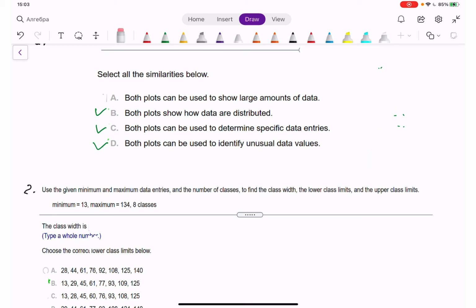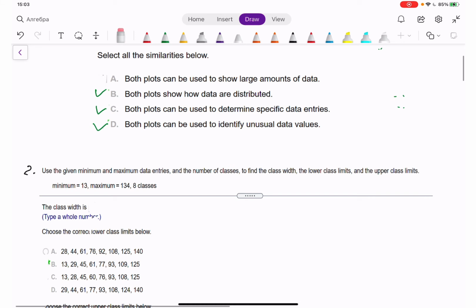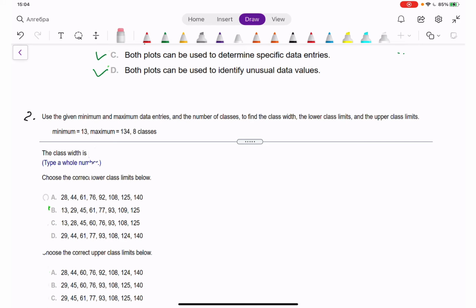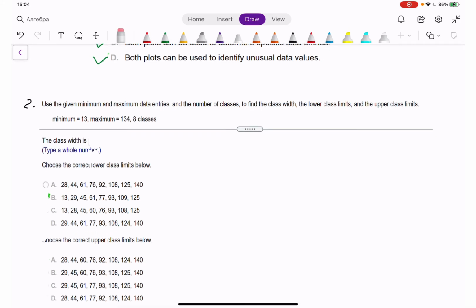Okay, question number 2. Use the given minimum and maximum data entry. So we are given the minimum and maximum, and we need to find the class width, lower class limit, and upper class limit.